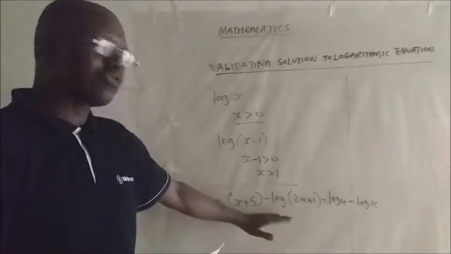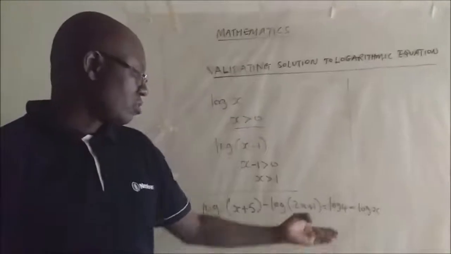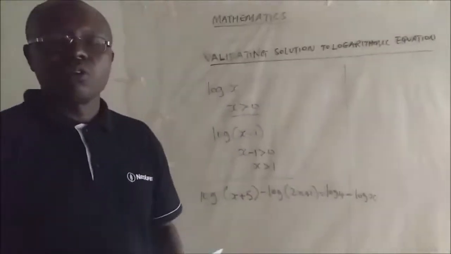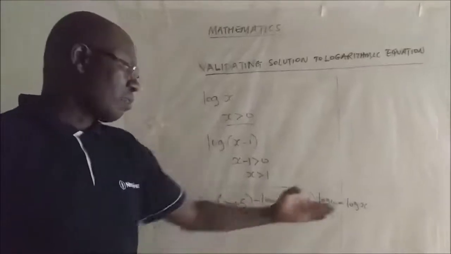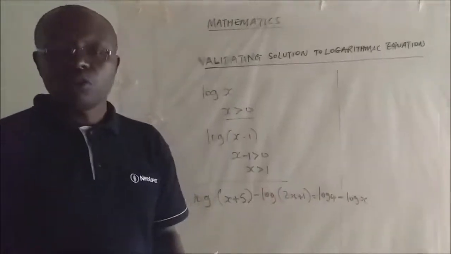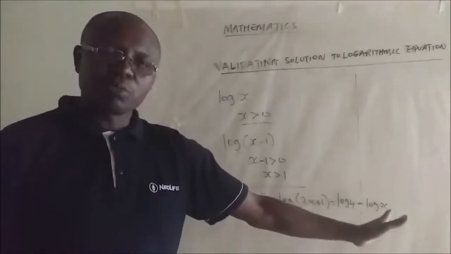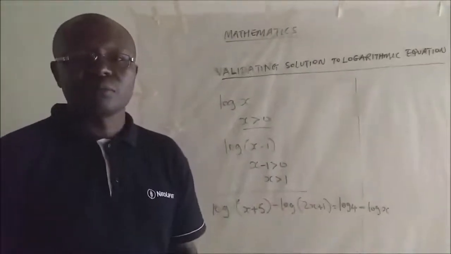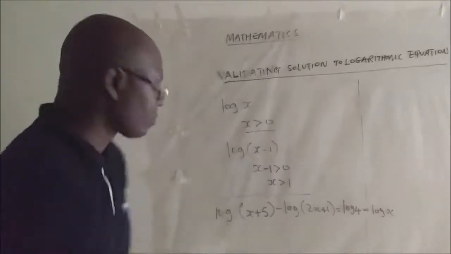And because we have two, we must apply the laws of logarithms to come up with a single logarithmic expression on the left side. We must also apply the laws of logarithm to come up with a single logarithmic expression on the right side. And so we proceed as follows.